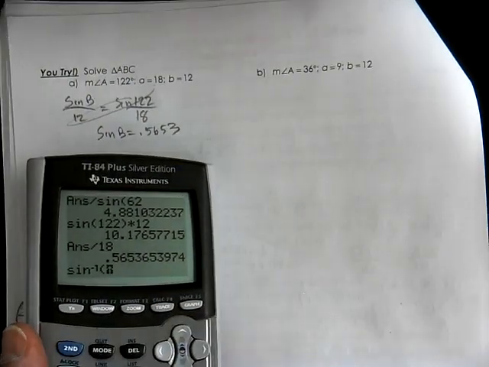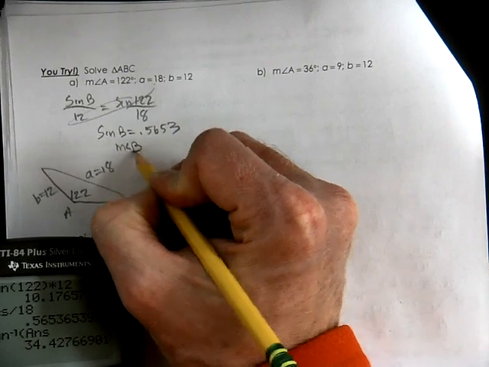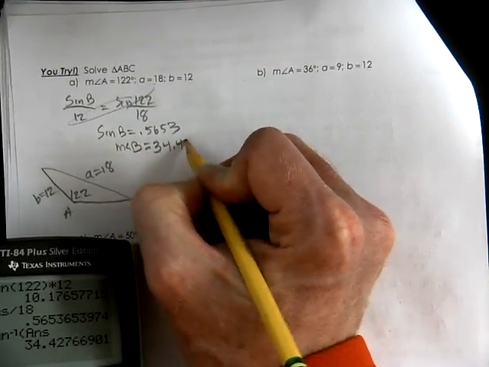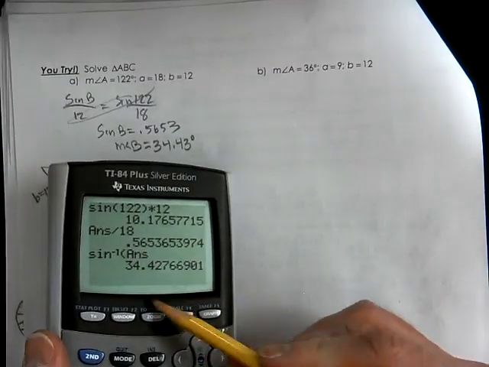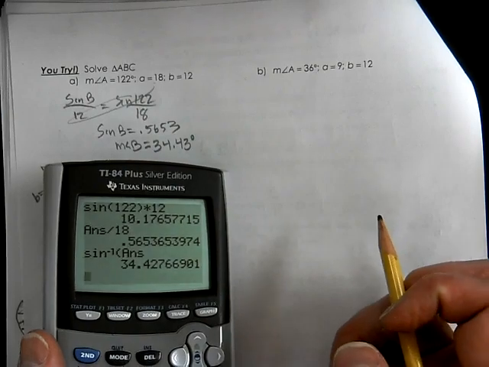So sine inverse of our answer gives us the measure of angle B to be 34.43, because I did the inverse of 0.5653.